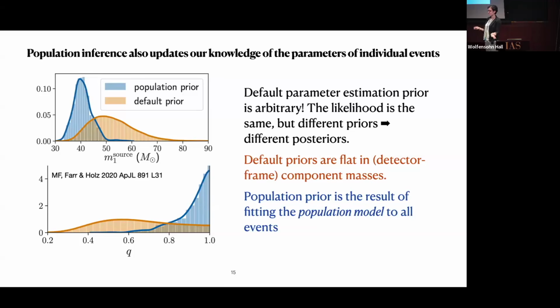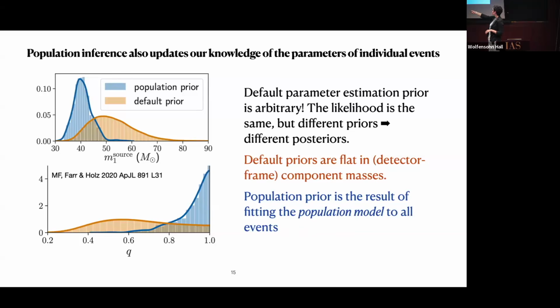I think that's intuitive, but one way to see that is this event from this paper. I think this event is GW170729, if that means anything to you. But this event had a pretty high source frame mass that we inferred in the default parameter estimation.